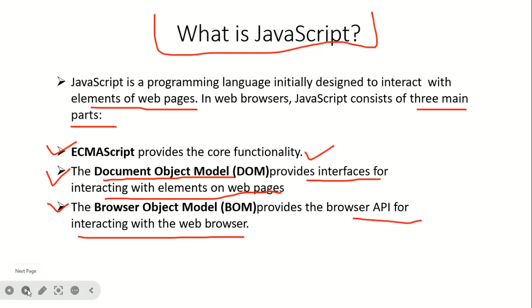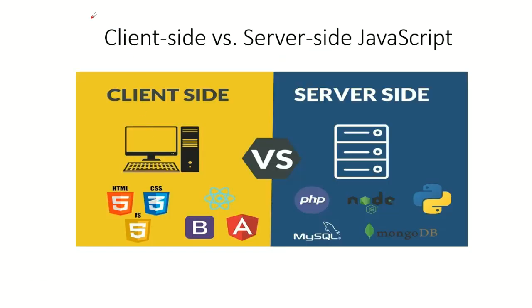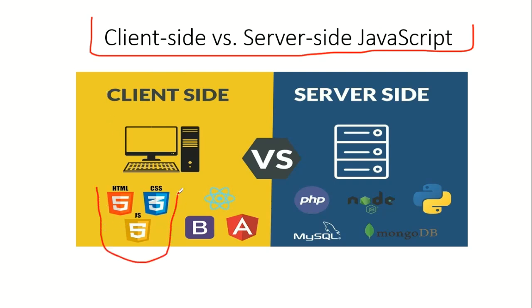Okay, so we will have a glance at what is client side and what is server side. Let's go to the next: client side versus server side JavaScript. What is client side over here? Client side means the front end. Server side means the back end. Client side has the languages HTML, CSS, and JavaScript, these three.